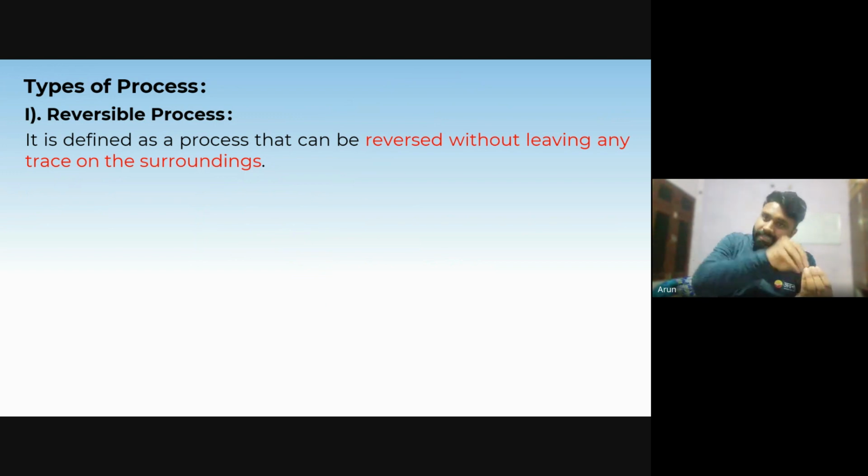When you are transferring yourself from state 1 to state 2, and again transfer yourself from state 2 to state 1, that process is termed as a reversible process, without leaving any traces on the boundary. Okay?